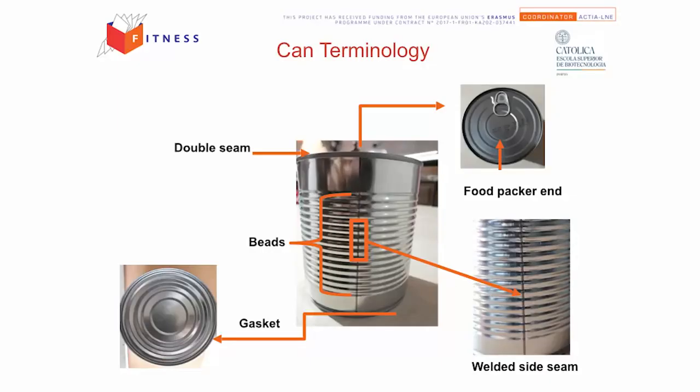Inside we have a gasket, and here are the beads. Okay, this is like a corrugated body, and I wonder if you know why we have this corrugated type of body in the can.